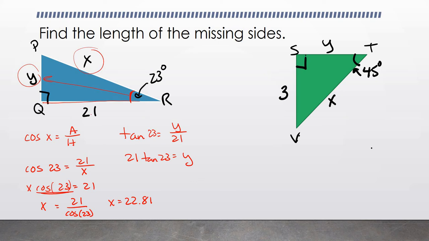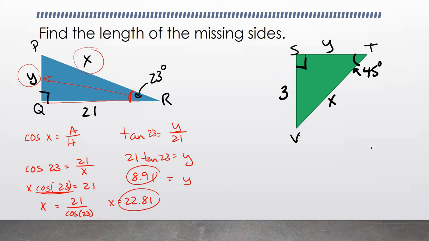So 21 times the tangent of 23, and that is going to be y equals 8.91. And you can always go back and look. Remember, the smallest angle has the smallest side opposite. So 8.91 makes sense. X should be the longest side because it's the hypotenuse.